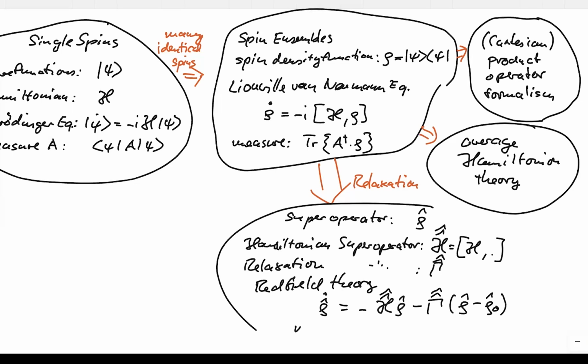And of course, also in this theory, we have a measure, and this is then calculated as rho dagger times A times rho.